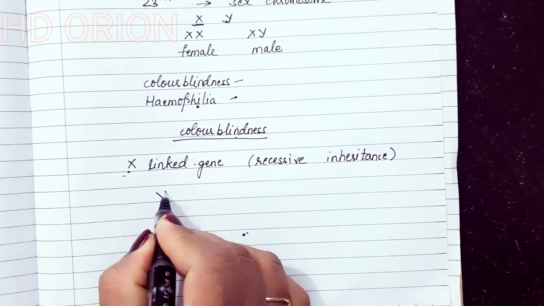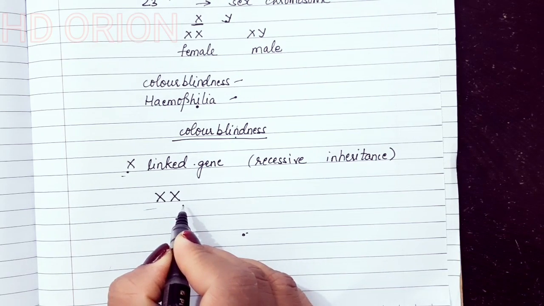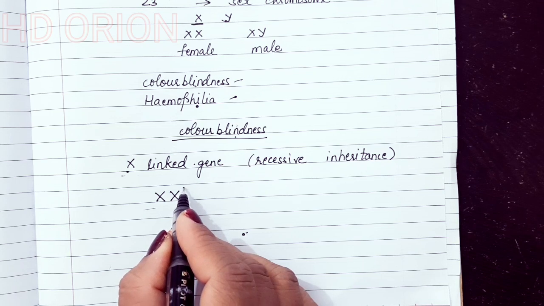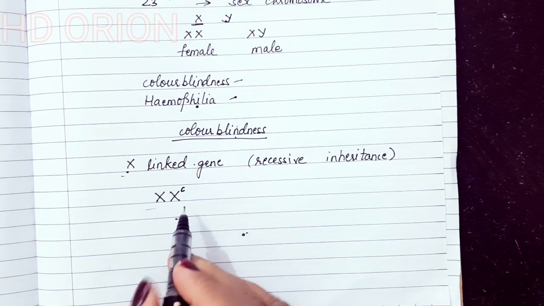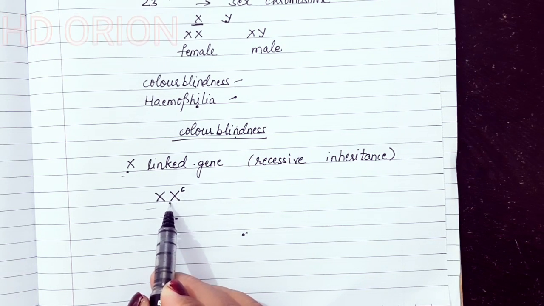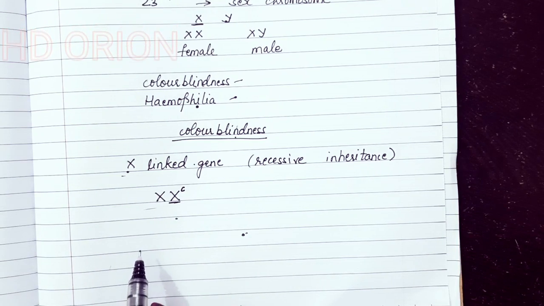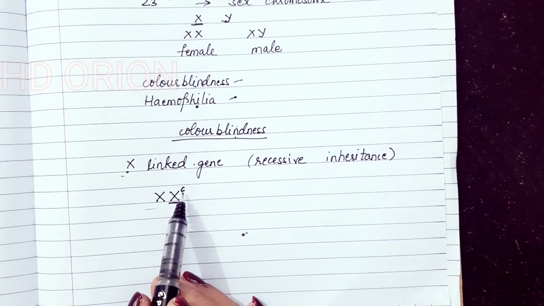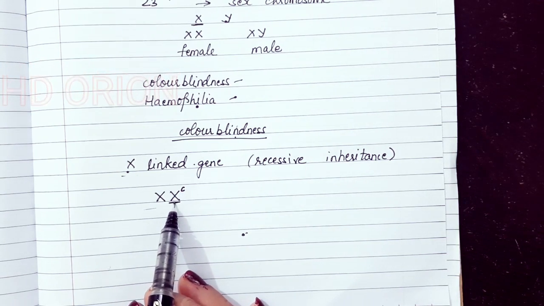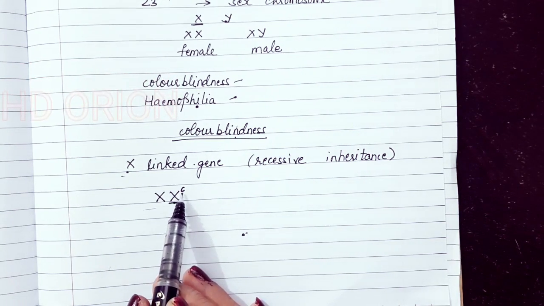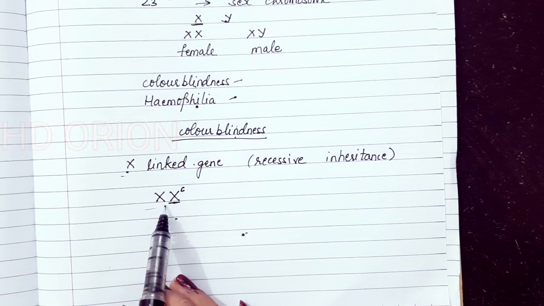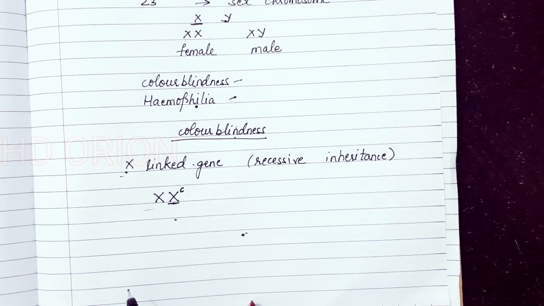Suppose the gene for color blindness, which I'll mention as C, is present in a female in one of the X chromosomes. We know that a female has both X chromosomes. The color blindness gene is present in one of the X. The effect is masked by the other normal gene, and therefore she may not be a sufferer of color blindness.